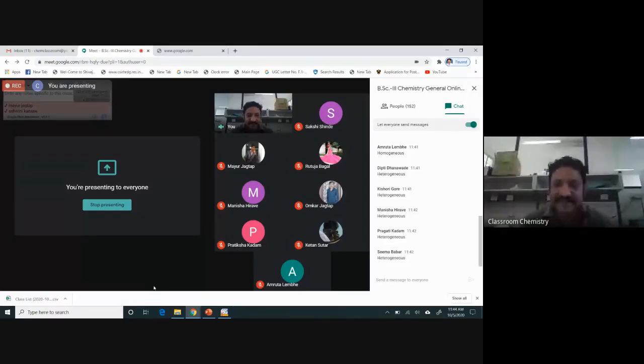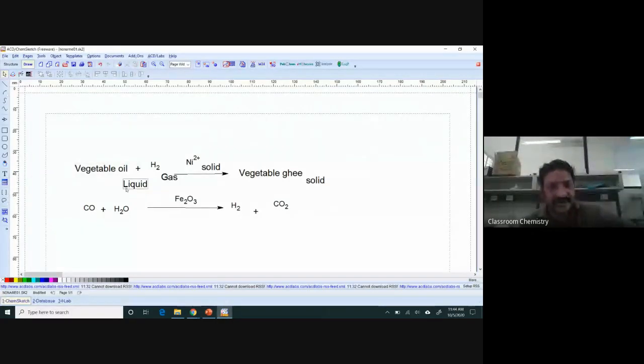It is also heterogeneous catalyst. And today we saw the example of vegetable oil, which is in liquid phase, reacting with hydrogen gas, which is in a gaseous form, in presence of catalyst nickel, which is in a solid state, and the product is in the solid state. Then it is called heterogeneous catalysis.